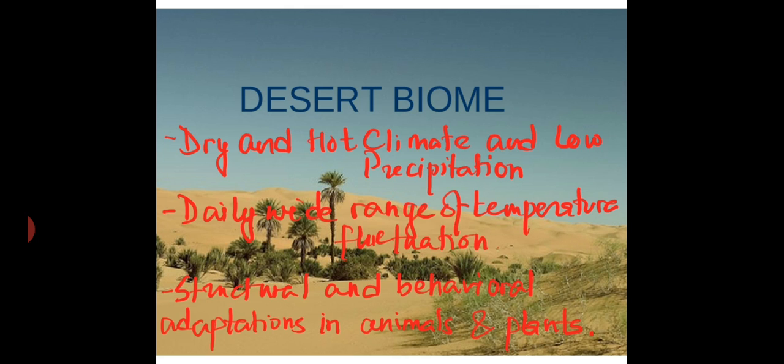So due to lack of moisture and a wide range of temperature fluctuations, only those plants and animals are found in the desert which can tolerate these harsh conditions.